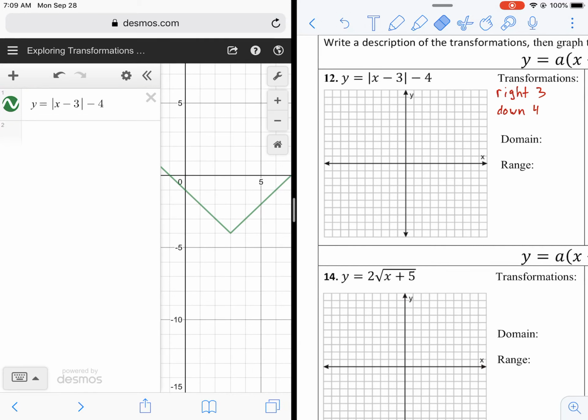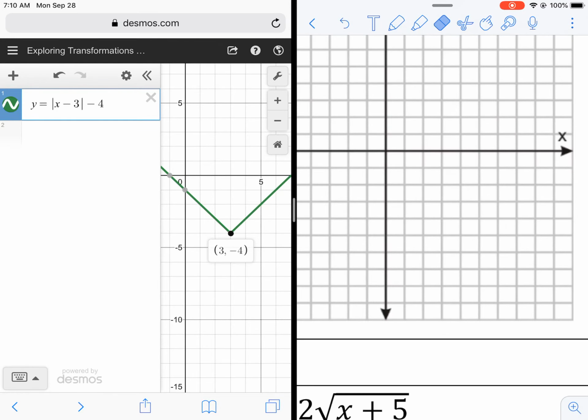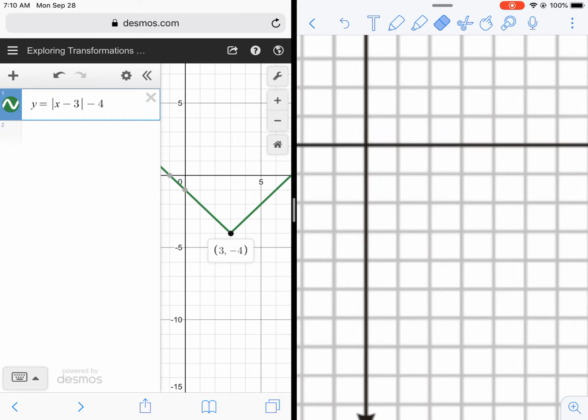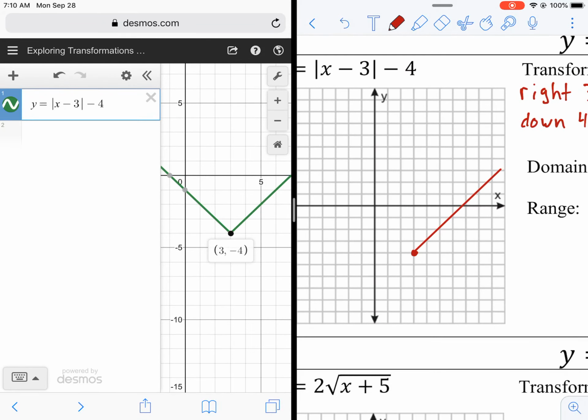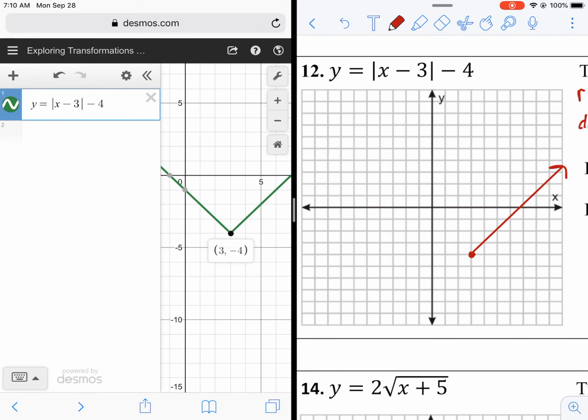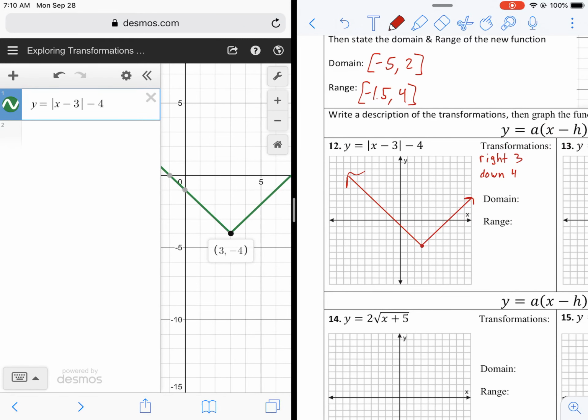So if we look, our graph has actually been moved to (3, -4), just like we said, right 3 and down 4. So we can count that off, 1, 2, 3, 1, 2, 3, 4. And then we know that our graph is a V shape. I'm going to draw my two lines, and there we go. We have our graph.